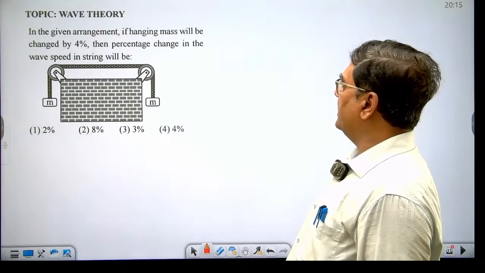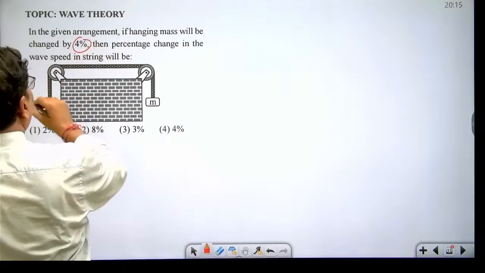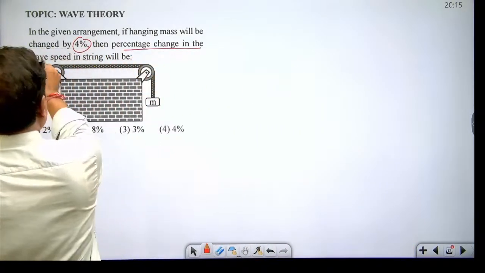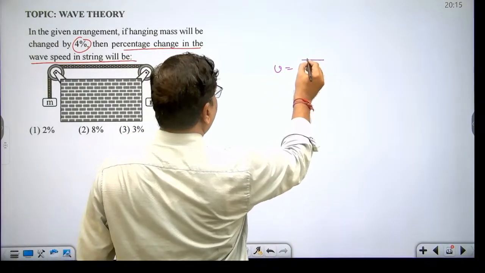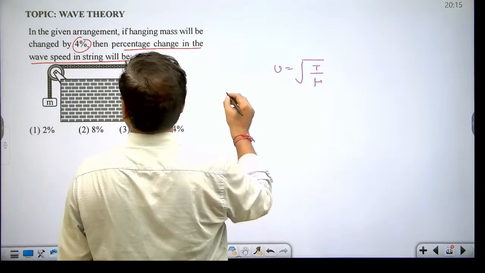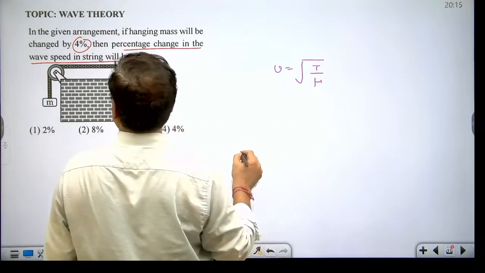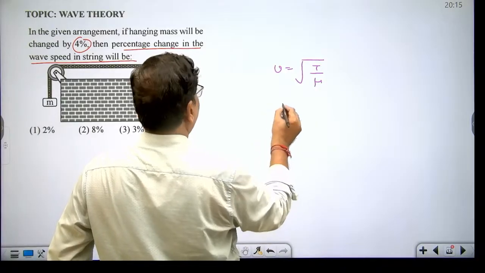In the given arrangement, if hanging mass will be changed by 4%, then percentage change in the wave speed in string will be. Wave speed is given by under root T upon mu, where T is the tension and mu is the mass per length. So if mass is changed by 4%, tension will also change by 4%.